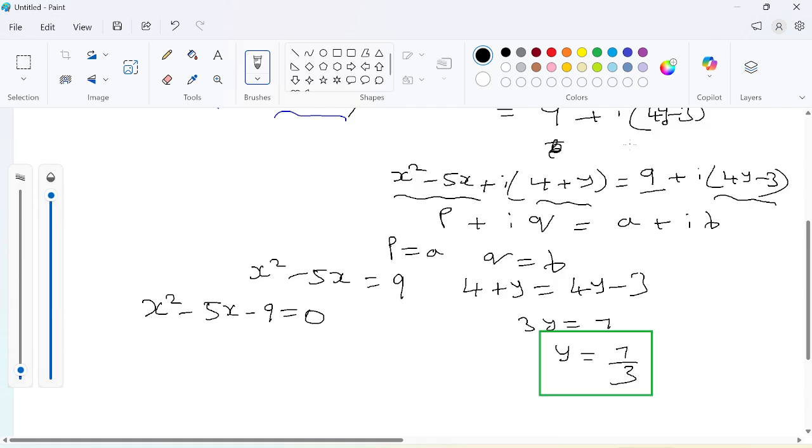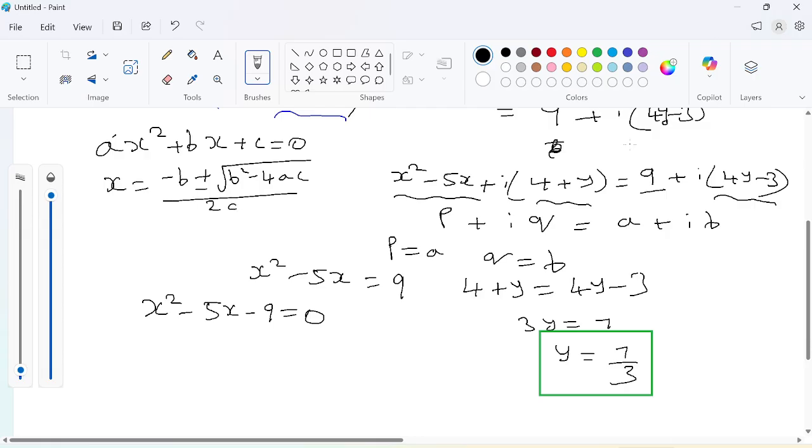But now, in order to find the roots, for any quadratic equation it is very simple, there is a direct formula. For ax square plus bx plus c equal to 0, x is equal to minus b plus or minus root of b square minus 4ac, by 2a.